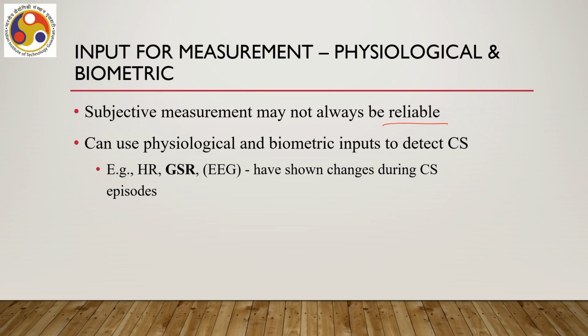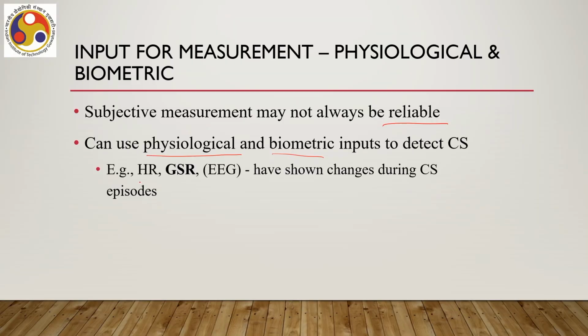So, to overcome that, we can use physiological inputs or biometric inputs which can be used to detect CS. Such inputs can be heart rate, galvanic skin response, EEG and so on. There are in fact a large number of such inputs which we can use. Let us see what kind of inputs we are talking about here.